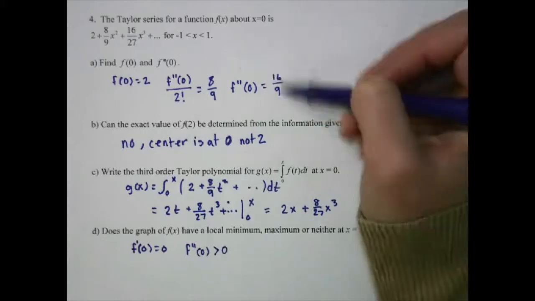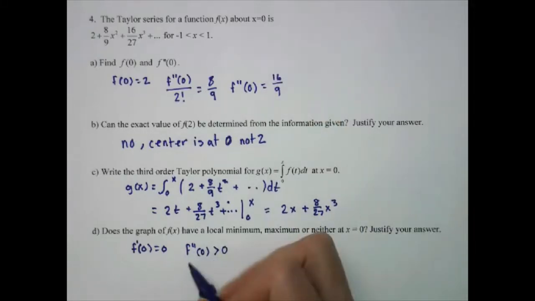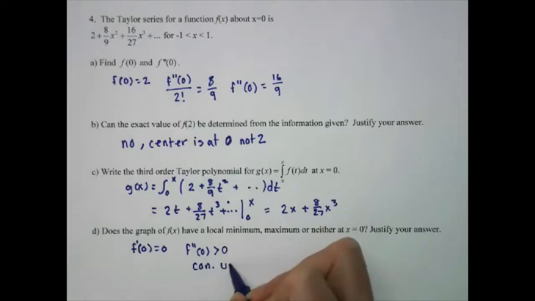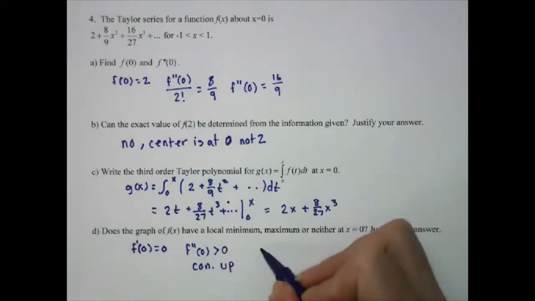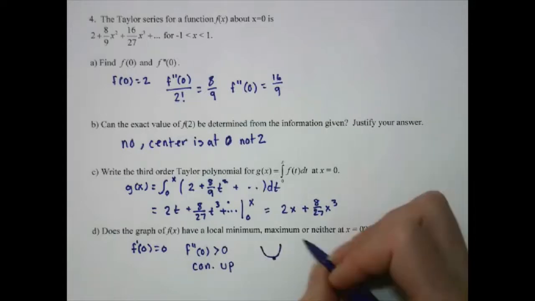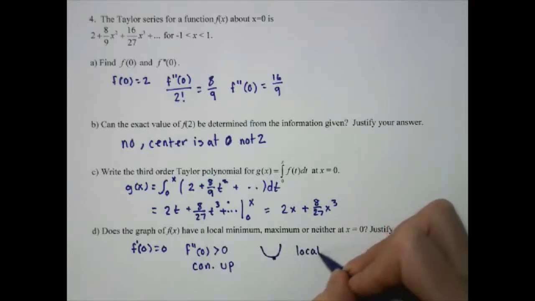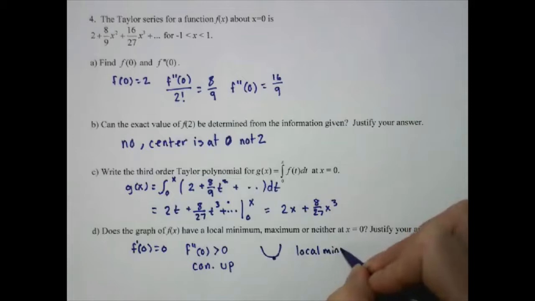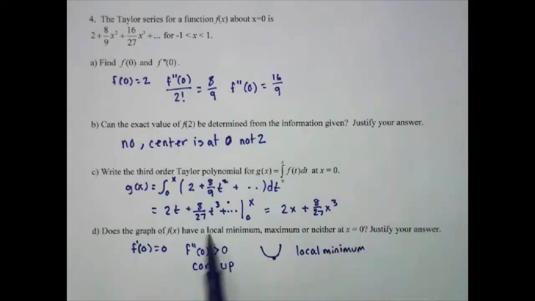We found it to be 16/9, but we care that it's positive, which means it's concave up. So if my graph is concave up and the slope is 0 by the second derivative test, this is going to be a local minimum. And our justification is these two pieces of information here.